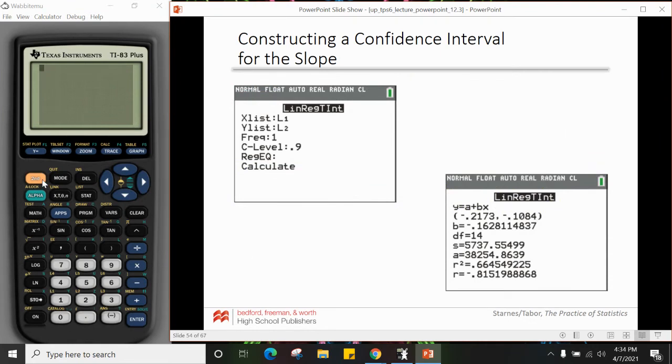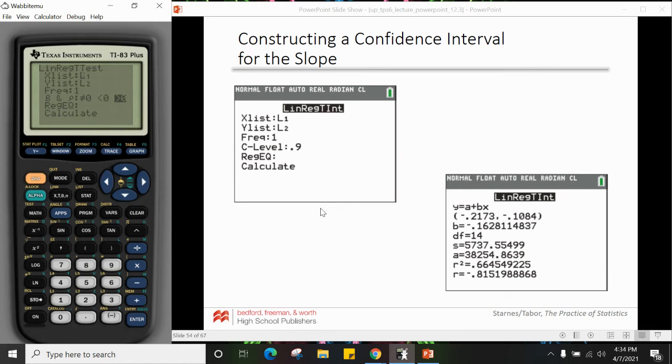All right, let's see if my calculator has this on here to do it for us. I believe on the new calculators, you probably have the linear regression interval.